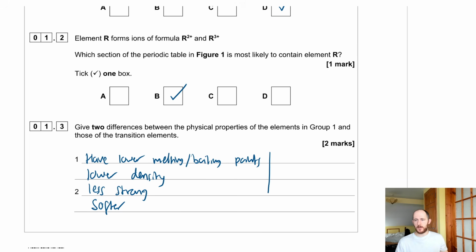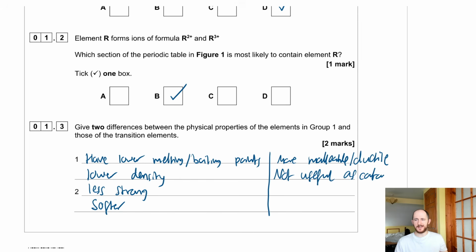However, there are a couple that were in addition, which is they are more malleable or ductile. Because that relates to the whole softer / less strong thing. Because if you can manipulate them, it means they must be softer. You can also say not useful as catalysts.